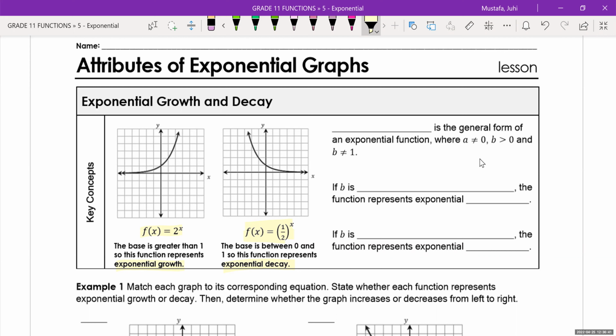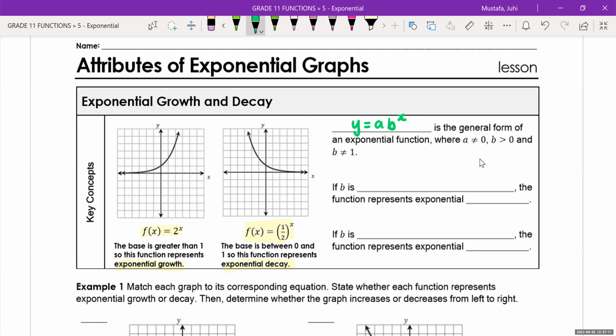And the way that you know if it's growth or decay is you look at the base and you compare the numbers. So if we were to just take a couple of notes, we would write your parent function is y is equal to ab to the power of x. So y is equal to ab to the power of x is the general form of an exponential function where a cannot equal 0 and b has to be greater than 0 and b cannot equal 1.